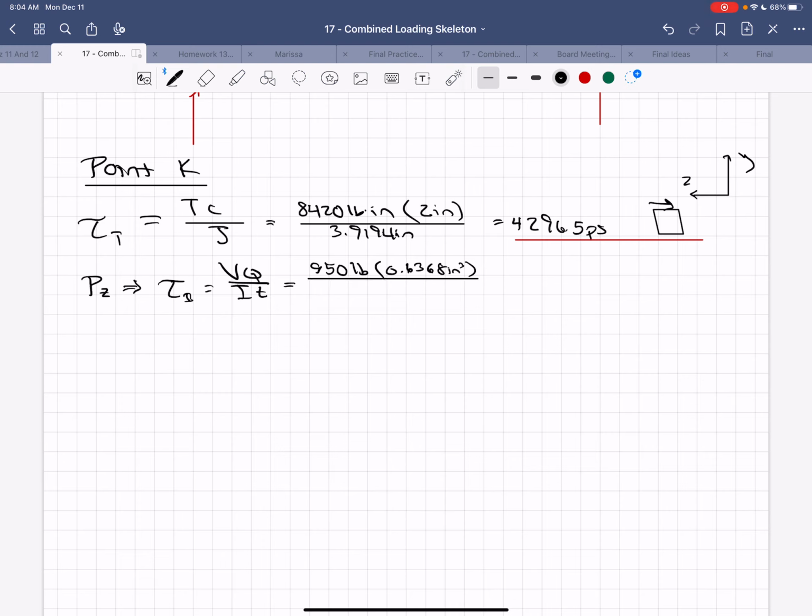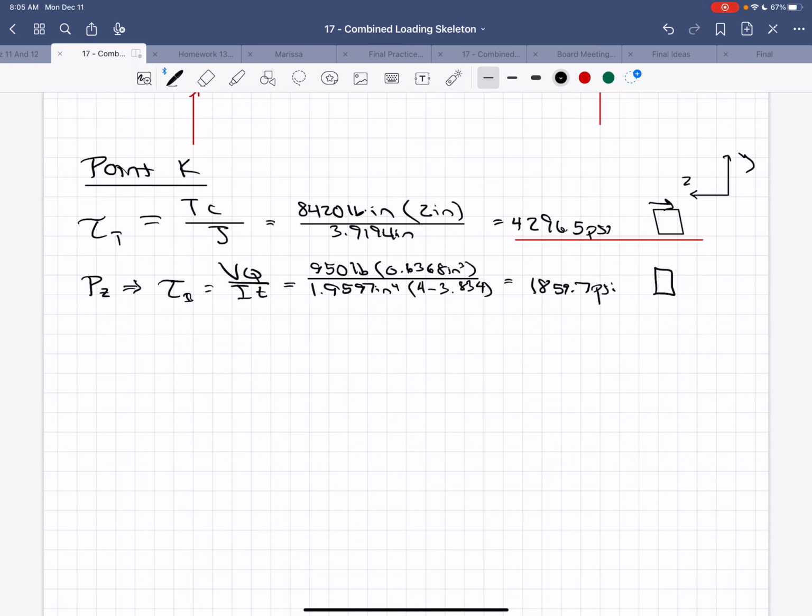I is 1.9597 inches to the fourth, and the thickness is the outside diameter minus the inside diameter, so we get both thicknesses, or you could do 2 times the given thickness. And we get shear stress from bending is 1,859.7 psi.